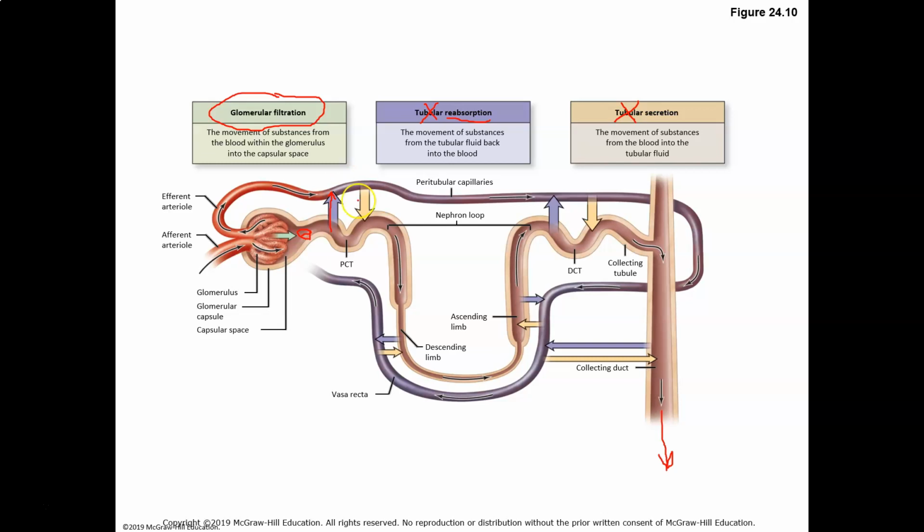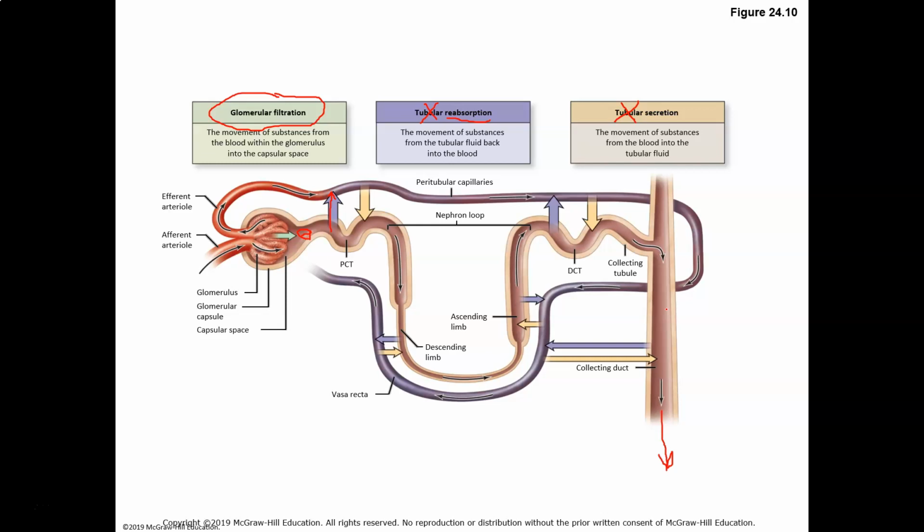On the other hand, there are some things that not enough of it ends up in the tubules, this tubule system, all this tubule system following that nephron loop, the distal convoluted tubule, into the collecting tubule, the collecting duct. There are some things that did not get in there or are not in high enough quantities.